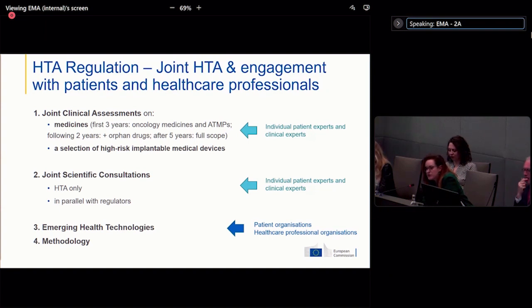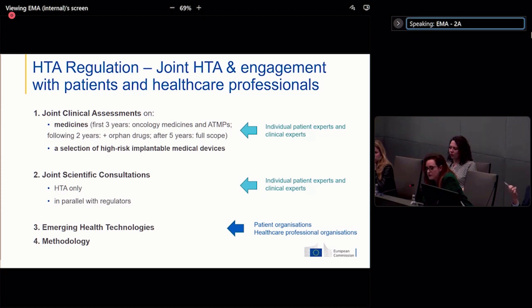And then we have two different types of activities on points 3 and 4: the work on horizon scanning, on emerging health technologies, and the work on methodologies. Here, I just wanted to highlight that the engagement with patients and healthcare professionals has to be understood in two different ways under the regulation.